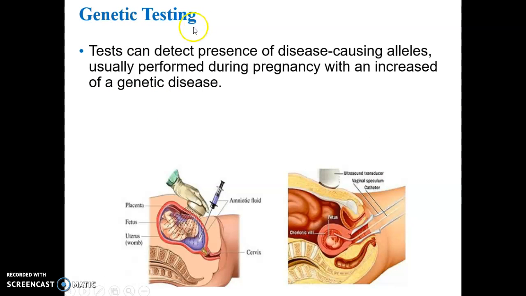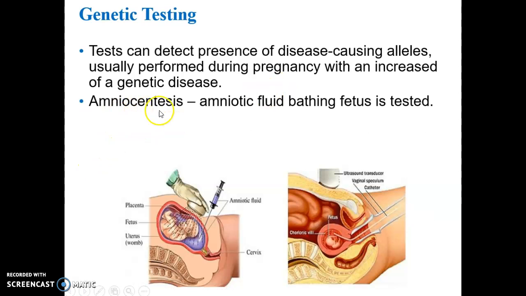All right, so genetic testing. Tests can be done to detect the presence of alleles during pregnancy. For example, amniocentesis is a test where they remove some of the amniotic fluid during pregnancy, and that can be used to test the genetics of the baby, because some skin cells will slough off the baby and will be in the amniotic fluid, and they can draw it off and test it for the genetics of the baby.